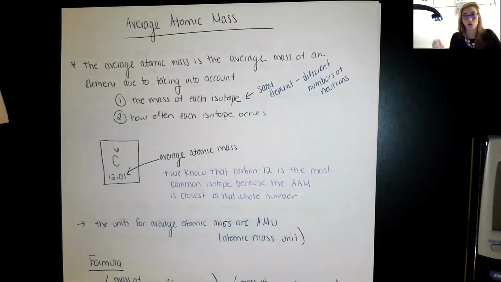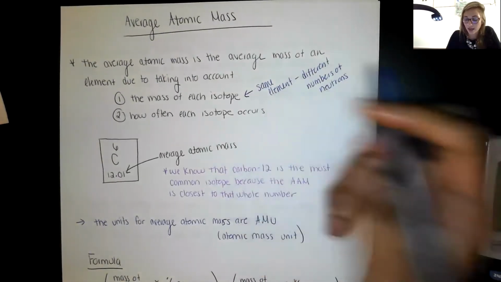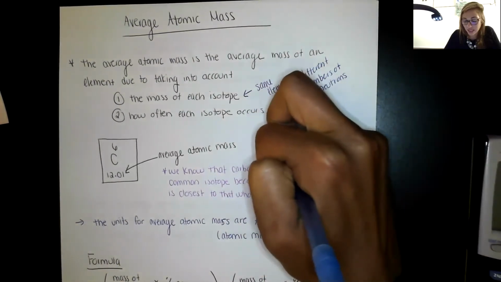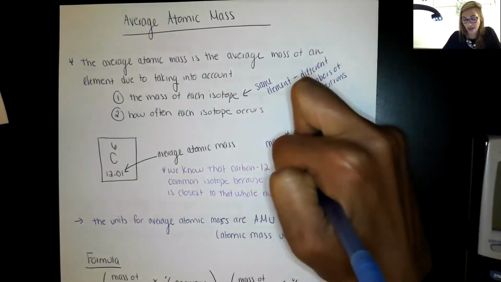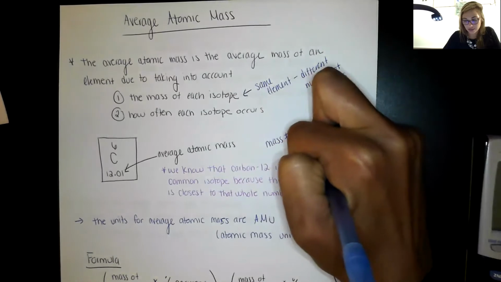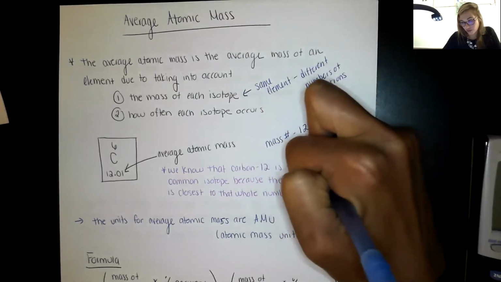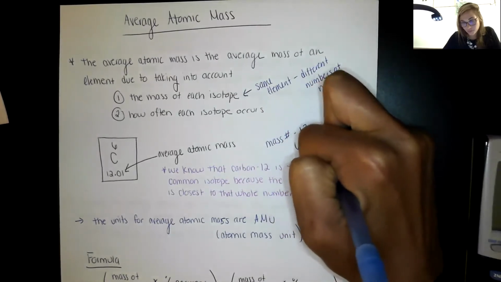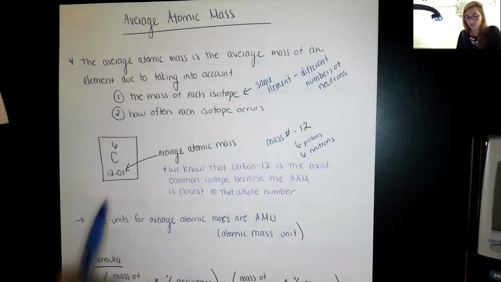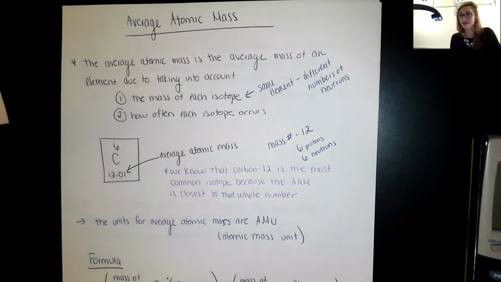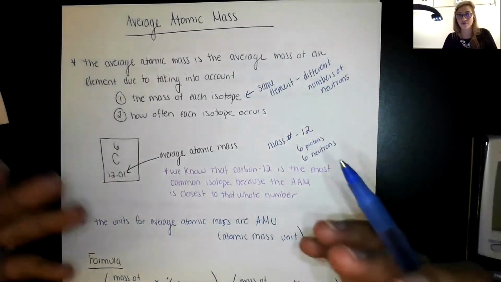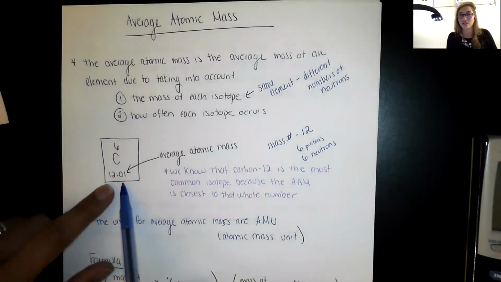Normal carbon, or the most common carbon, has a mass number of 12, which means we have 6 protons and 6 neutrons. But the average atomic mass is 12.01. It's not exact, and you can't have half of a neutron or half of a proton, so how is that mass number different?